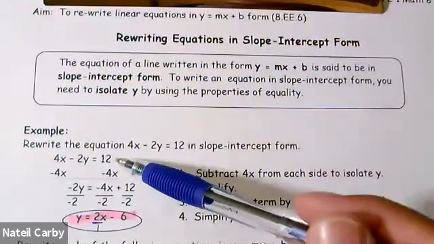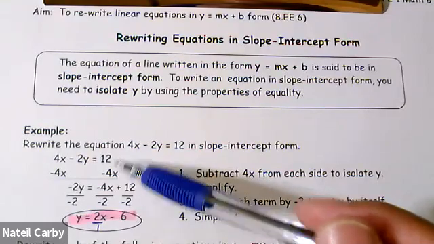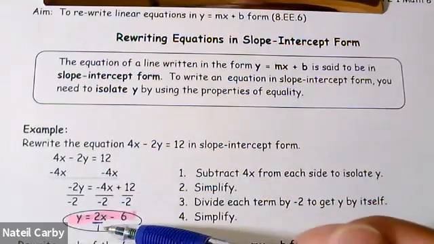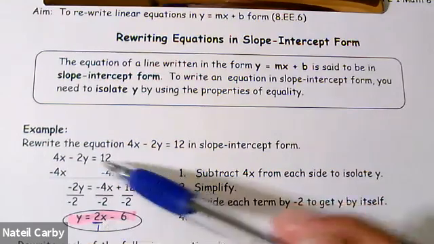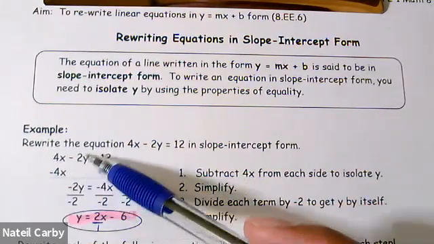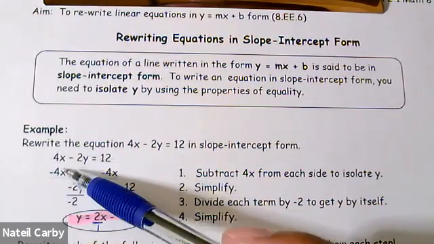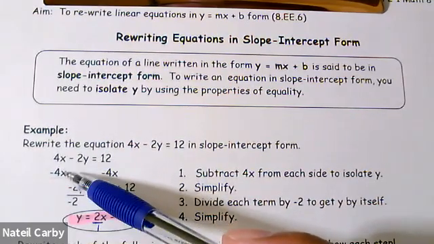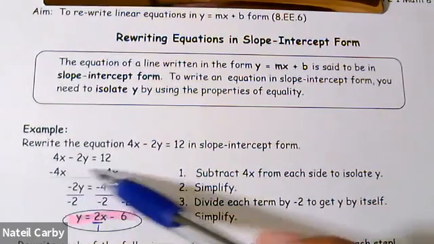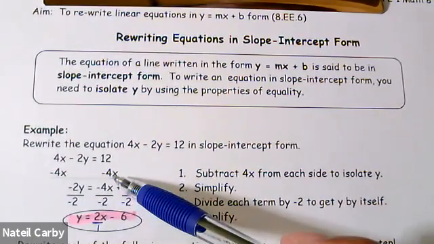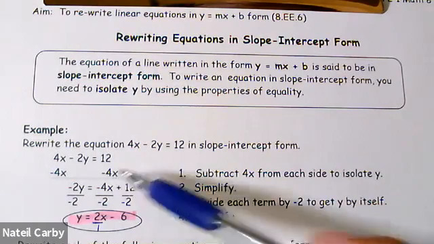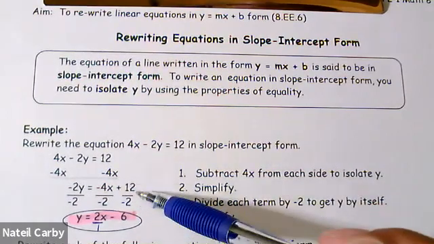Okay, but when the equation is first like this, we got to get it to that format. So what you do is you want to get the y by itself, right? So you get rid of the x term. Right now it's positive 4x, so we get rid of it by subtracting 4x from both sides. Boom. That's what they did here. And then we got this over here.